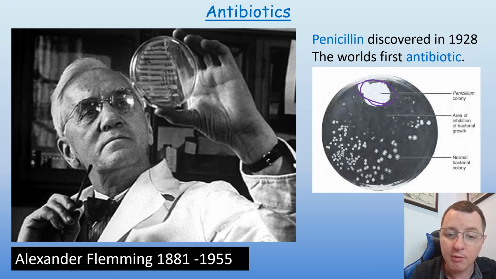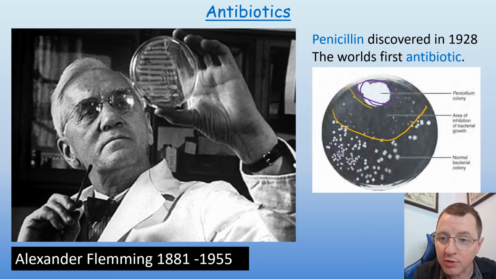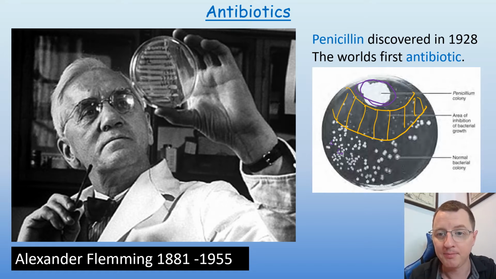And he was very curious to see why all the bacterial species down here did not live and grow anywhere near his fungus. He said, well, I seem to have this zone here where no bacteria are growing. He investigated what was going on in that zone and he hypothesized that the fungus was producing some kind of chemical that inhibited bacterial growth.